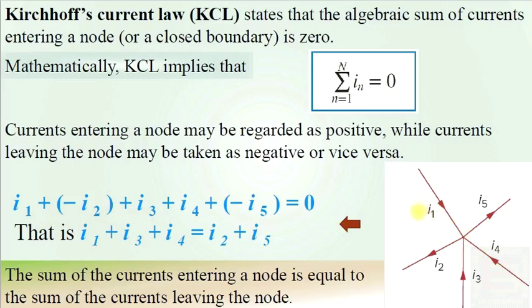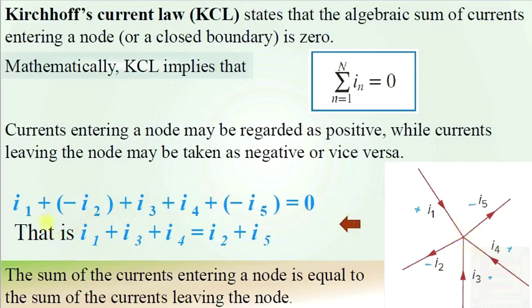So I1 is positive, I4 is positive, I3 is also positive, but I2 and I5 are negative with our sign convention. If you algebraically add these currents, that means adding the currents after assigning proper sign, it will be equal to 0.